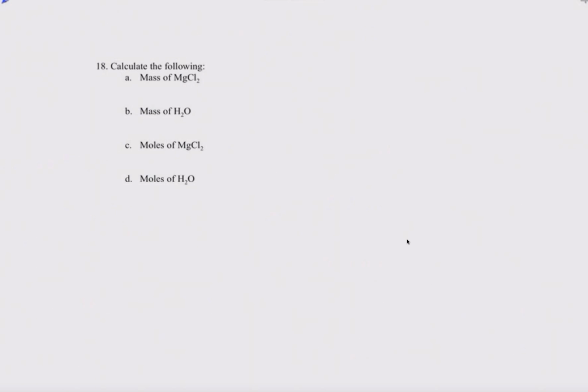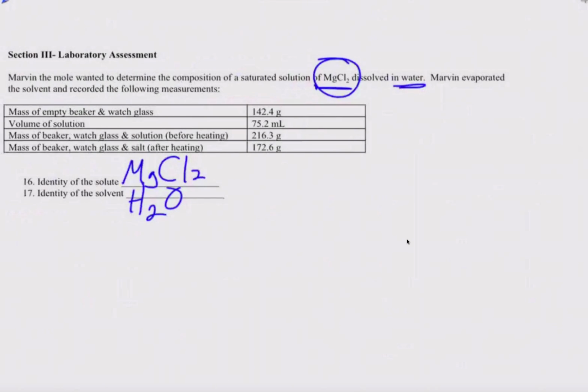What is the mass of the magnesium chloride used in the experiment? Well, if we go back to the table here, it says that the empty beaker weighed 142.4, and the beaker with the magnesium chloride in it, after all the water had been boiled away, was 172.6.